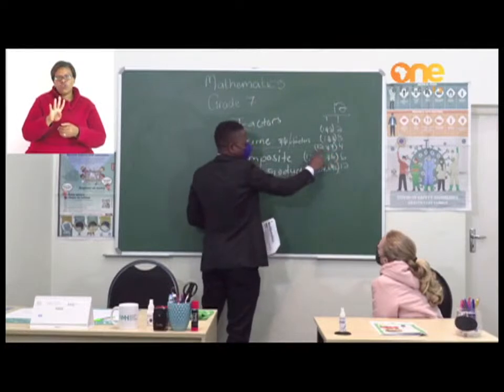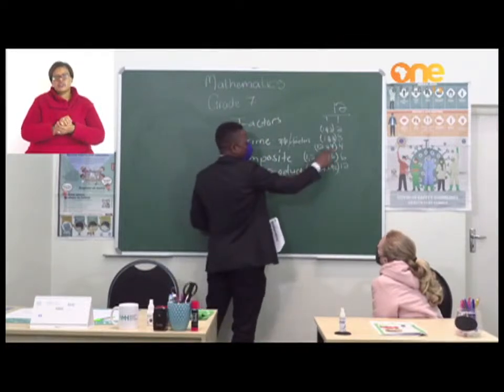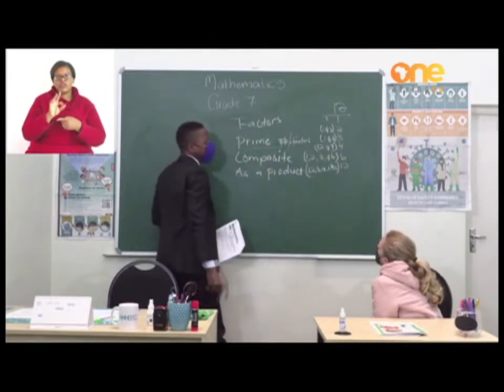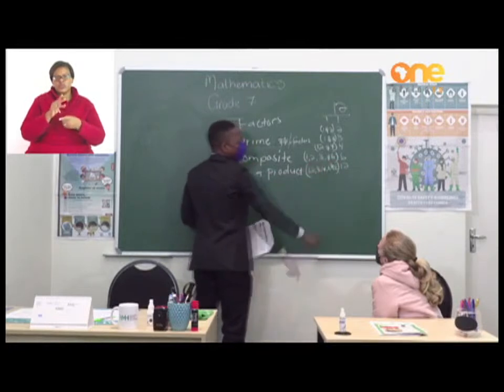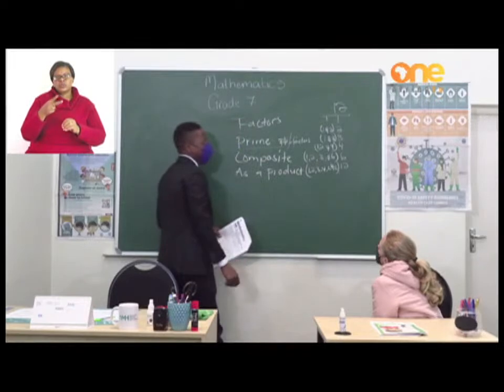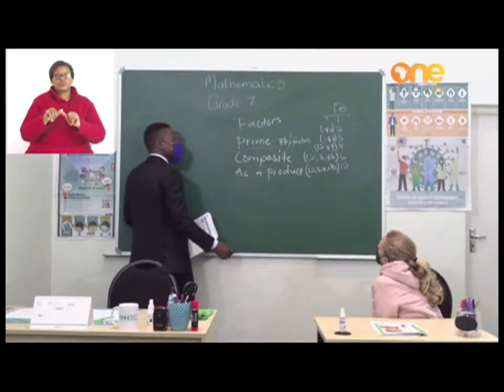4 has three factors, meaning 4 cannot be a prime number. 6 has more than two factors, so it is not a prime number. And 12 is the same, it cannot be a prime number or a prime factor.